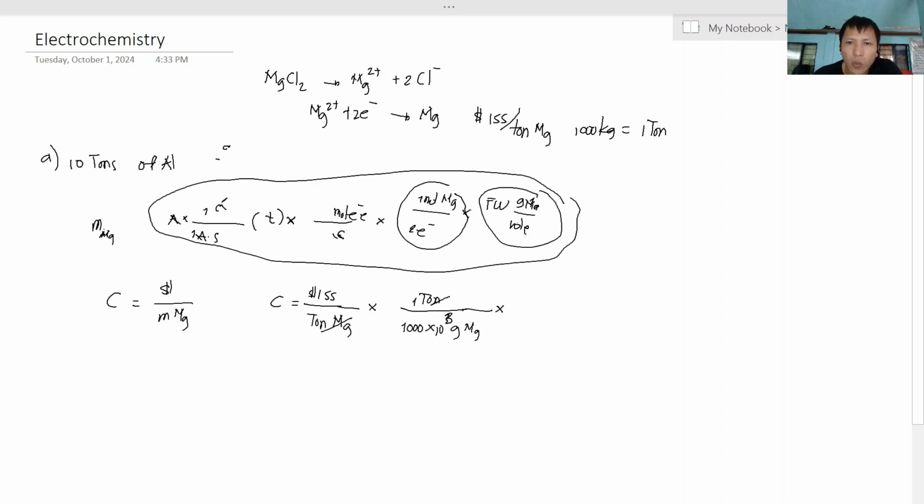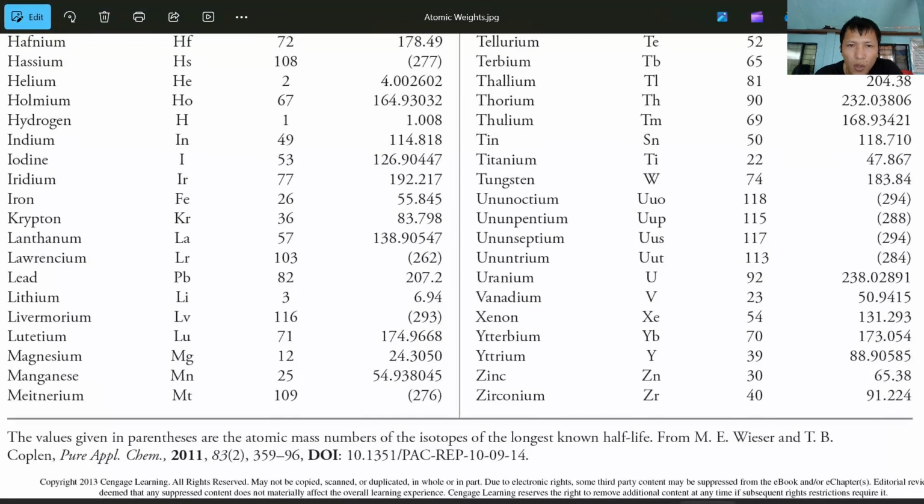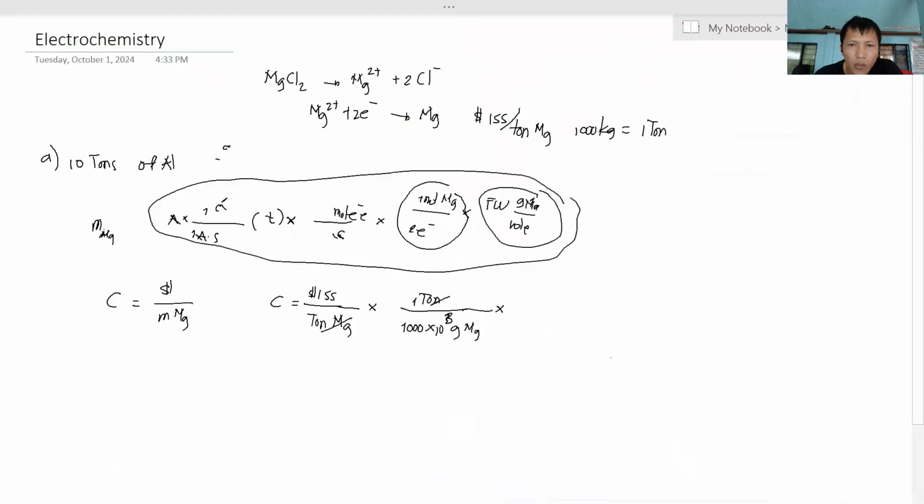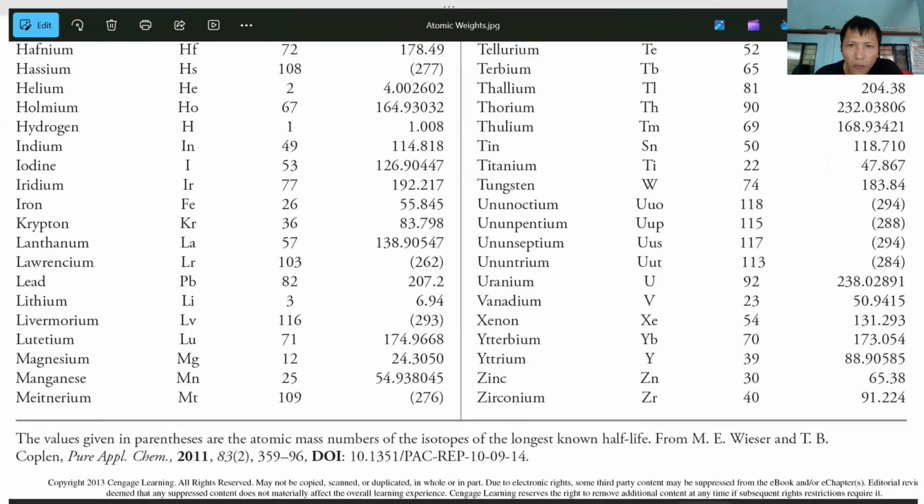Next, this is now the grams of magnesium. We can now use the formula weight of magnesium, which is 24.3050.